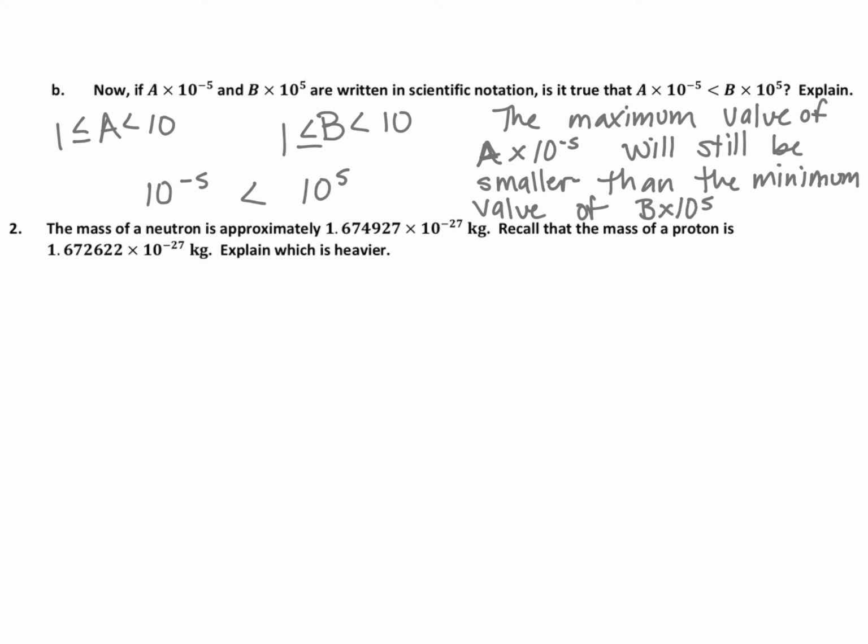They're not going to be a power of 10 away from each other because they can only be between 1 and 10. So they're not going to be that significant in size. The exponents play a much more important role in this than the values of a and b because they are stuck between 1 and 10.